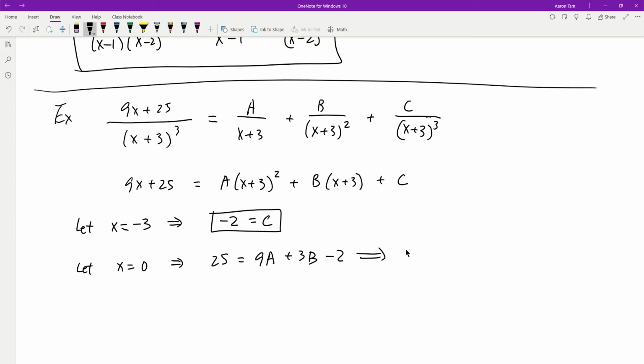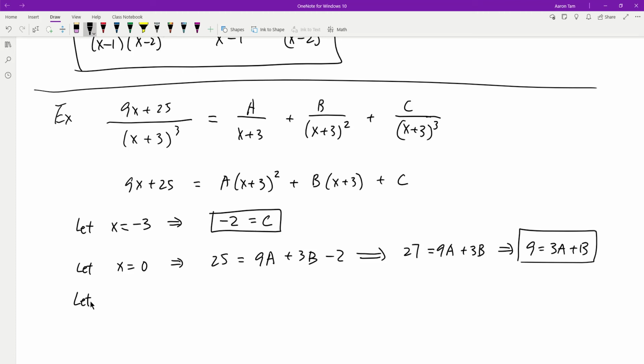Therefore, this results in the equation 27 equal to 9A plus 3B, or if I reduce it further, 9 equal to 3A plus B. Notice that we wind up with an equation that involves A and B together, which is okay, because we're going to do this process another time, which will give another equation to relate A and B together, and hopefully using these 2 equations we can figure out the answers.